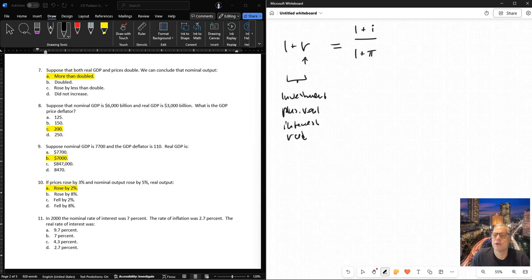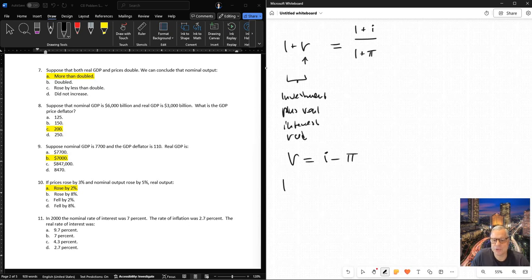Now we can apply the same formula. If you want to solve for R, and R is a small value, we can say that the rate of change, the real interest rate, is simply I minus pi, the rate of inflation.